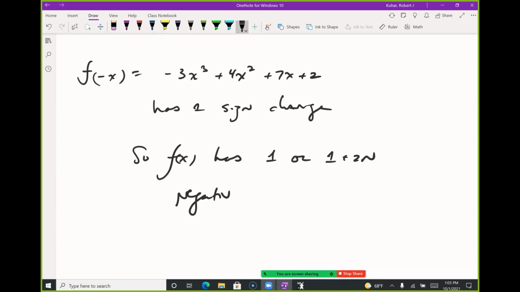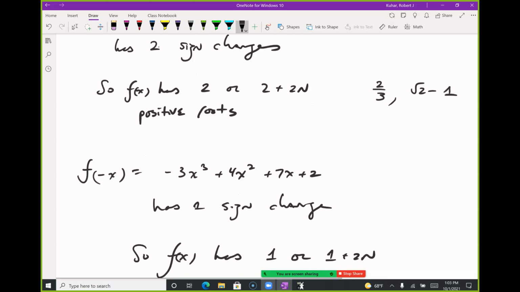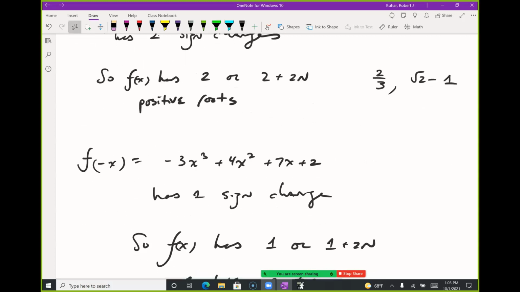Only one sign change, because I start at negative and then move to positive only. So there's only one change in the sign. From negative to positive, and then it stayed positive, so it didn't change again.